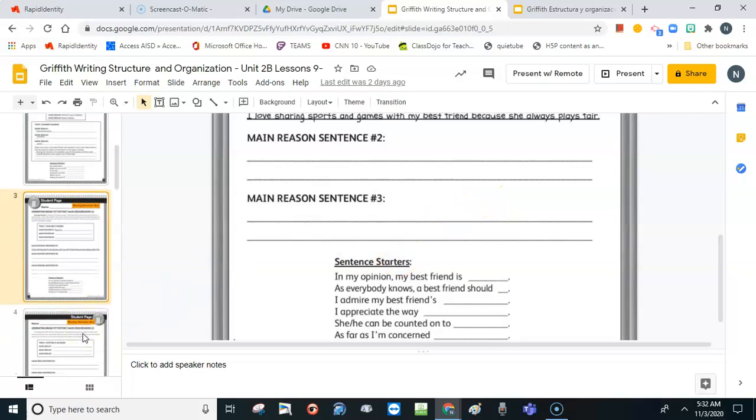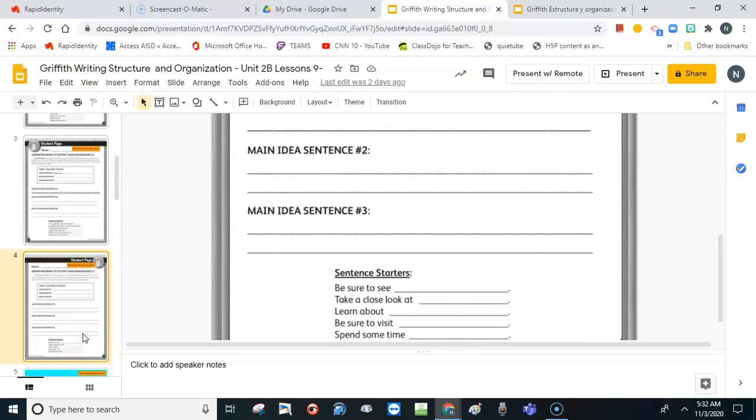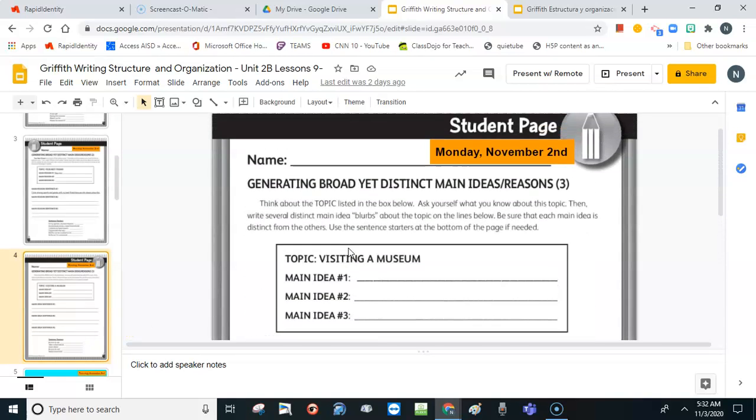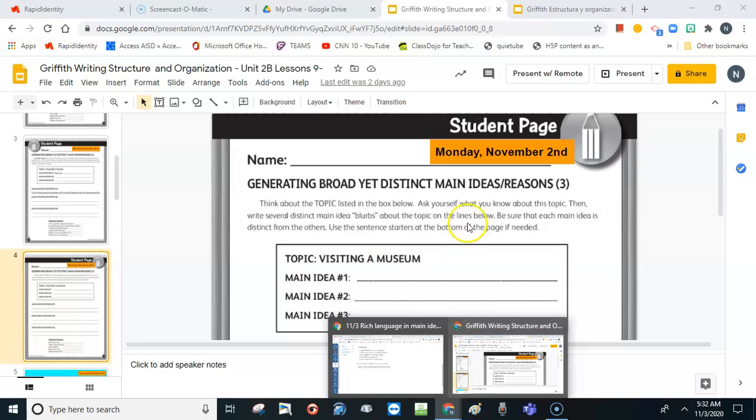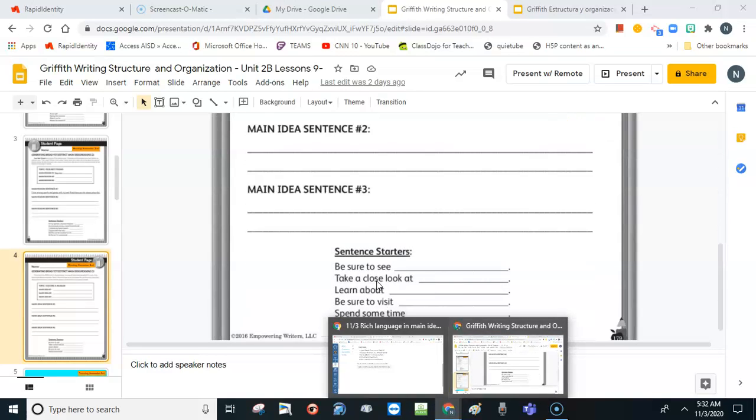So now we're going to go to page 4. Page 4 was you were going to do on your own, visiting a museum, but what I mentioned to you was instead of writing about visiting a museum, you could use the same process of coming up with main idea blurbs and then using sentence starters to create sentences for your main idea blurbs.